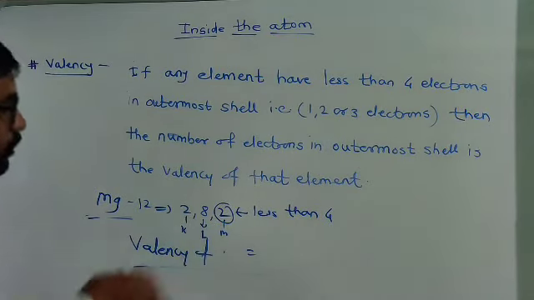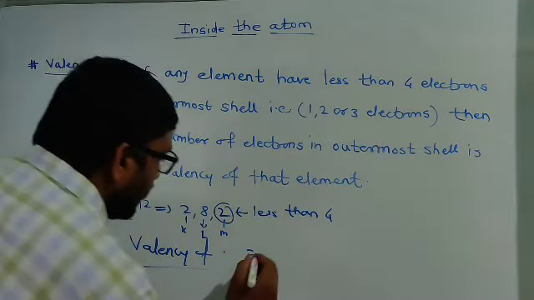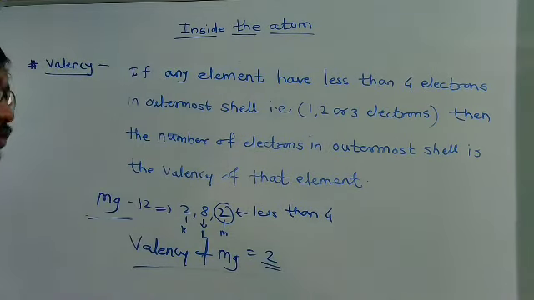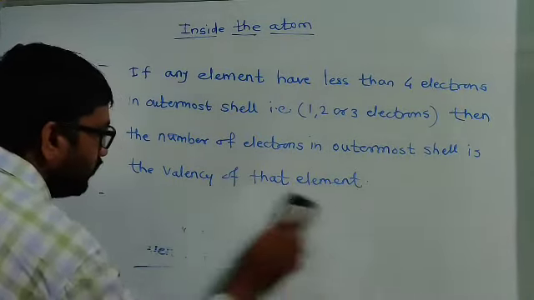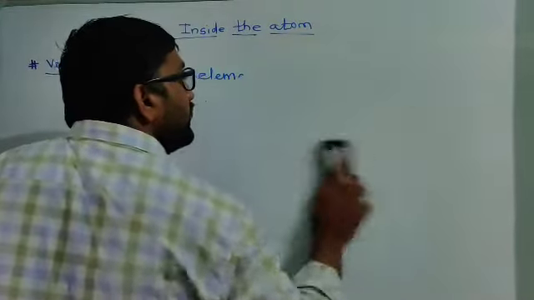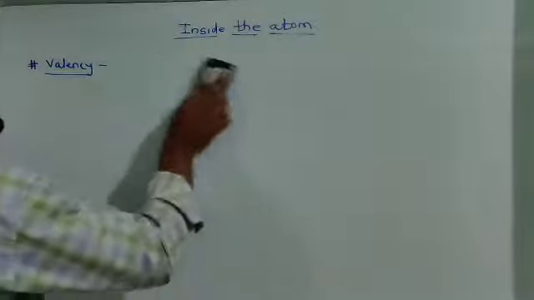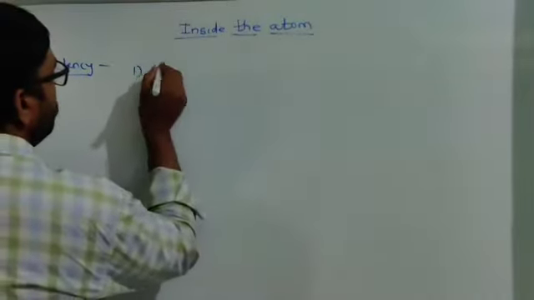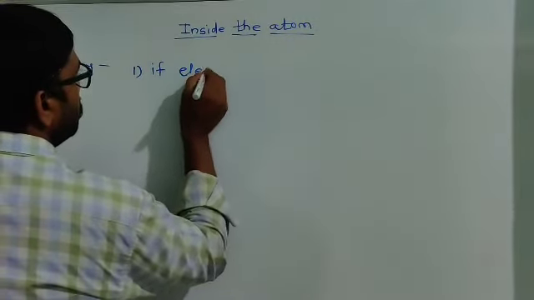So here 2 electrons are there, so the valency of magnesium is how much? 2. In such a way we have to remember 2 rules. This is one rule, and one rule we studied earlier.